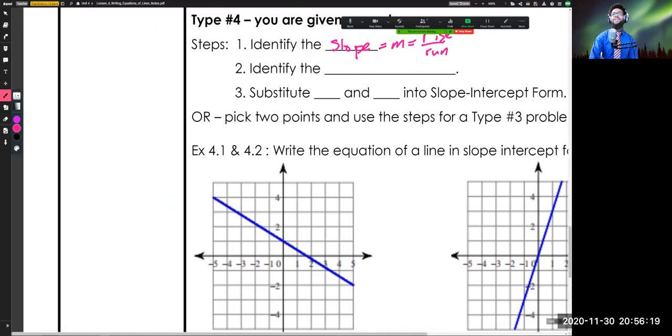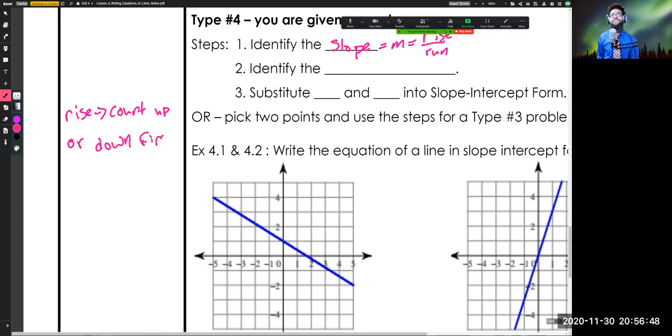And in case you don't remember how to count that from a graph, for my rise, we're going to count up or down first. If you count down, then it's going to be negative.